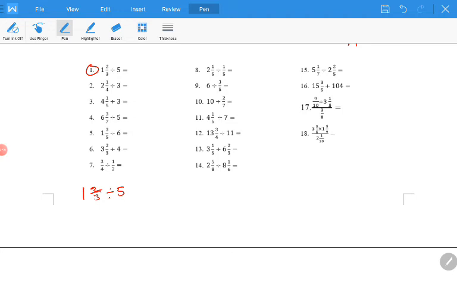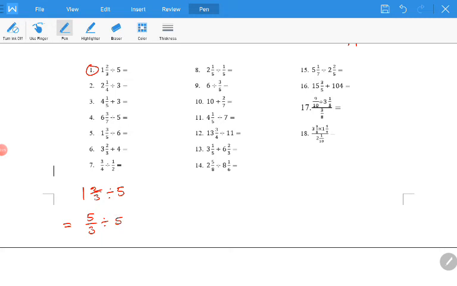So the first thing that we do is to convert the mixed number into an improper fraction. So this becomes 5/3 divided by 5.